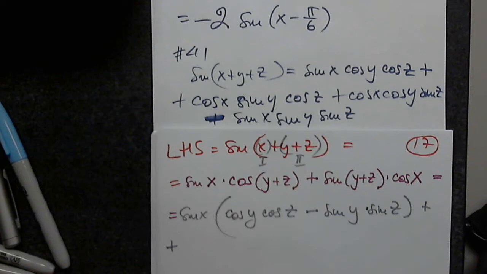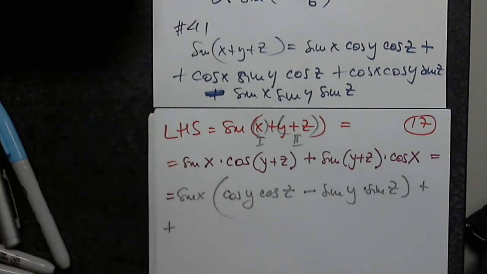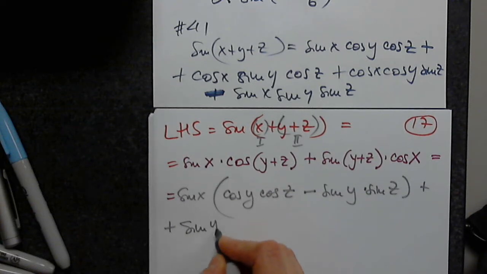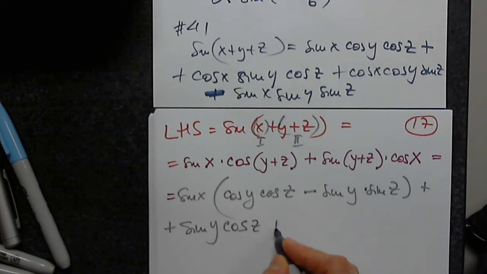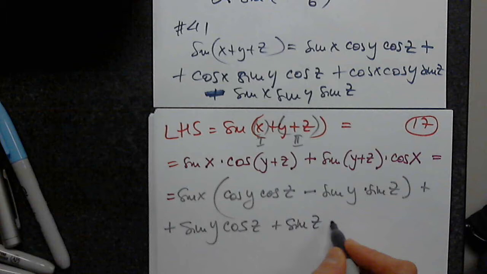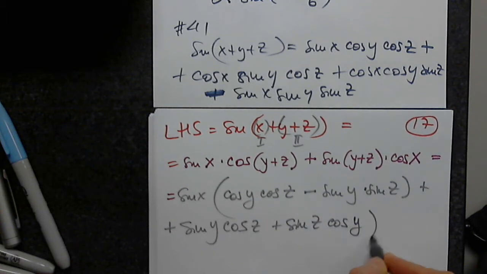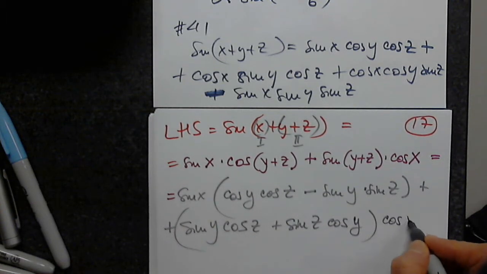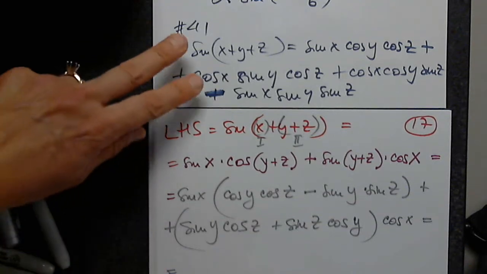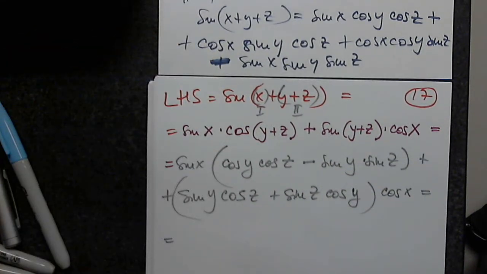Plus, and now I have sine of y plus z, so this will be sine y cosine z plus sine z cosine y, and I have to distribute cosine x. And once I distribute sine to those two terms and cosine to these two terms, I'll get all those four.